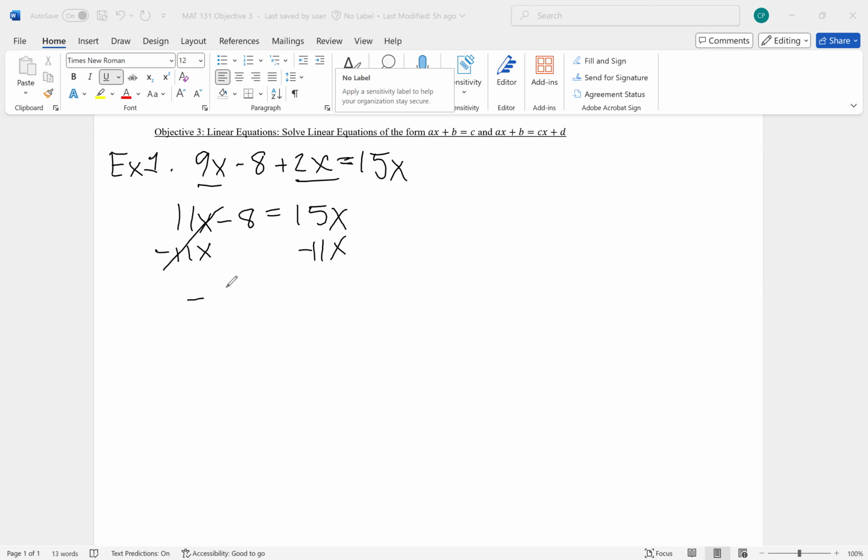And so on this side, we will only be left with negative 8. And on the right side, we have 15x minus 11x, which is going to give us 4x, okay? From here, we can divide both sides by 4 to get x equals -2, okay?